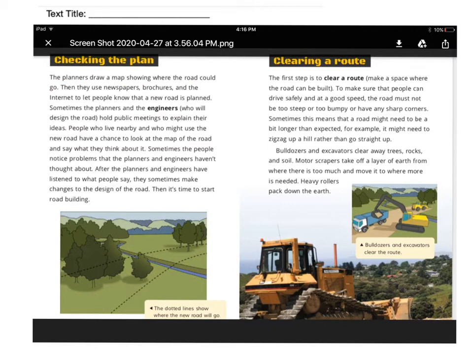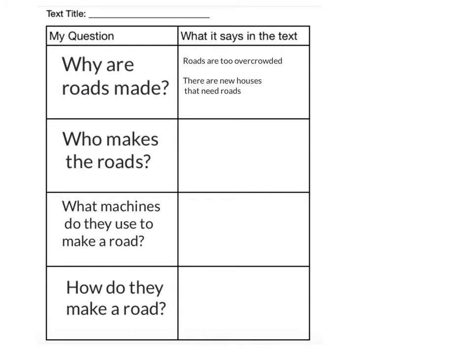And then over in these two paragraphs here, it talks about some of the machines, so there must be workers who use those machines. So now I'm going to write the answer to this question. The people involved in making the roads are planners, engineers and workers.